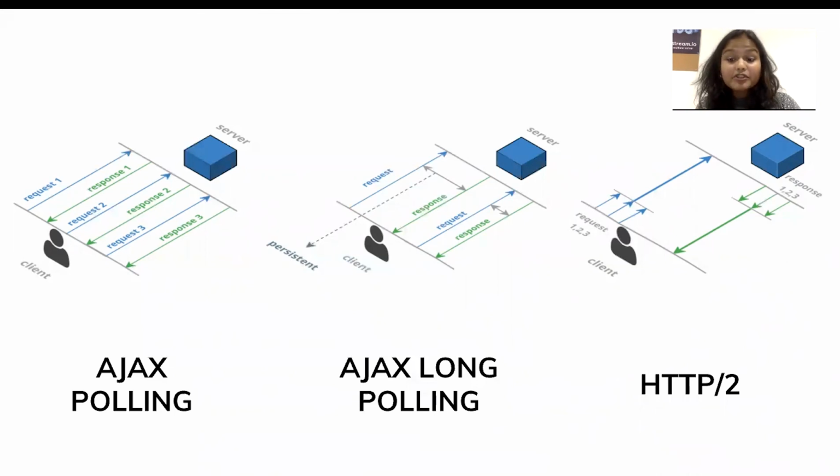With HTTP version 2, though, it's not just persistence, it also allows you to batch requests and responses. This is very interesting because we'll see a use case of this further on in the webinar. So what happens here is you have multiple requests for the server.